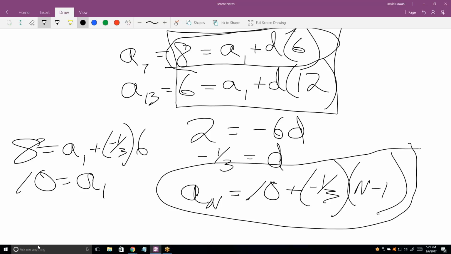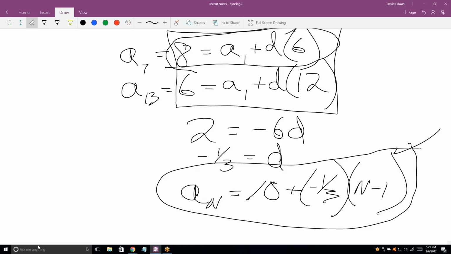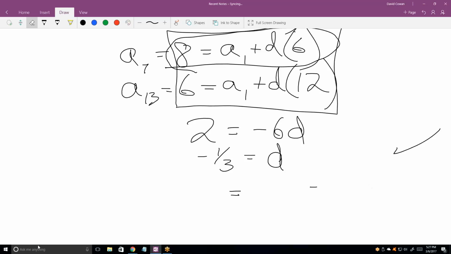But basically, that's how I solve these, where they give you two different terms, but they don't give you d and they don't give you a sub 1. Well, the way you solve it is exactly what I did here. In other words, I use my definition.